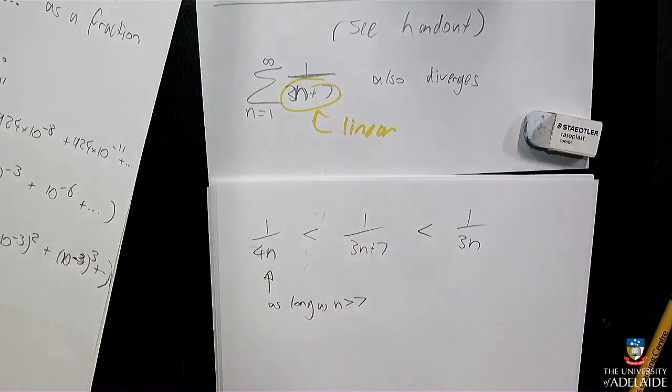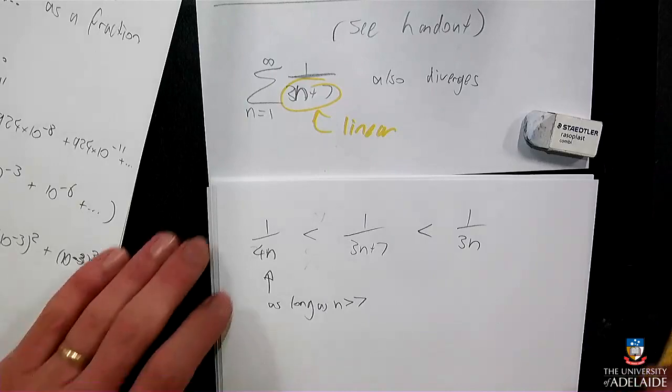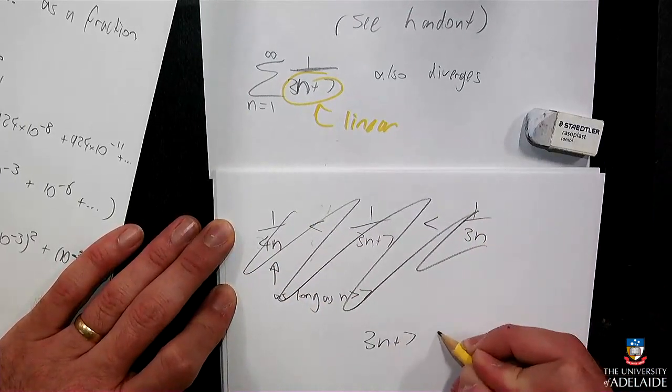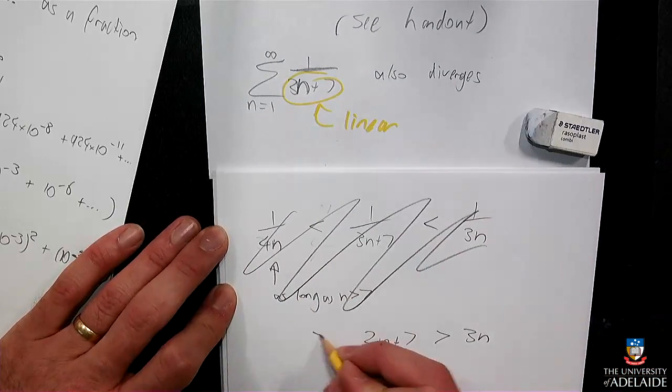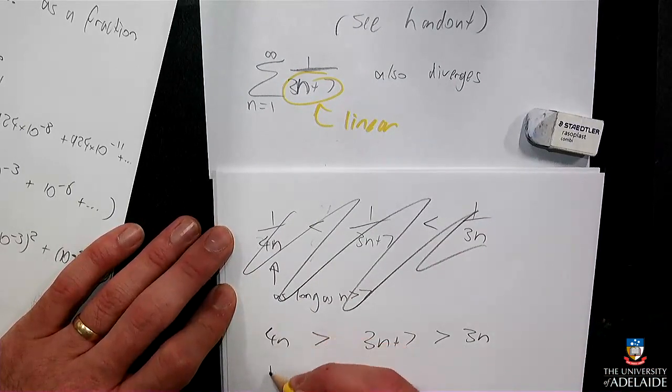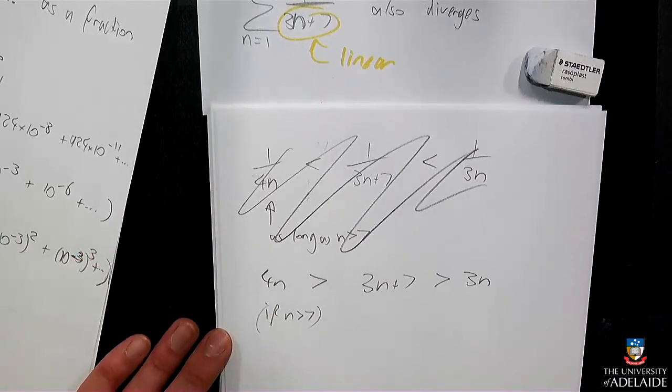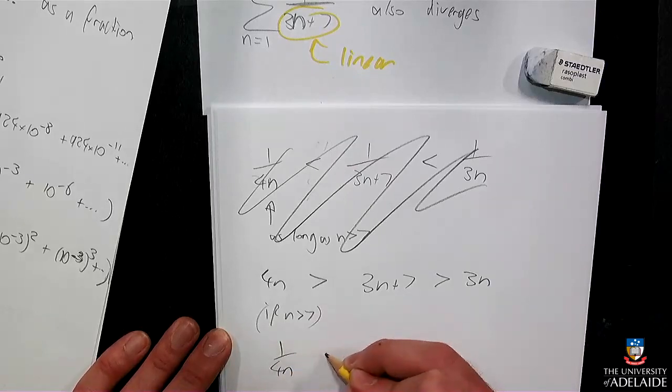So if n was 7 or 8 or 9 or 15, well then the 7's less than n. And so actually it might be easier to do this a different way around. Let me just write that again. 3n plus 7 is definitely more than 3n, and it's definitely less than 4n if n is greater than 7. And so when you flip them upside down, you get this.